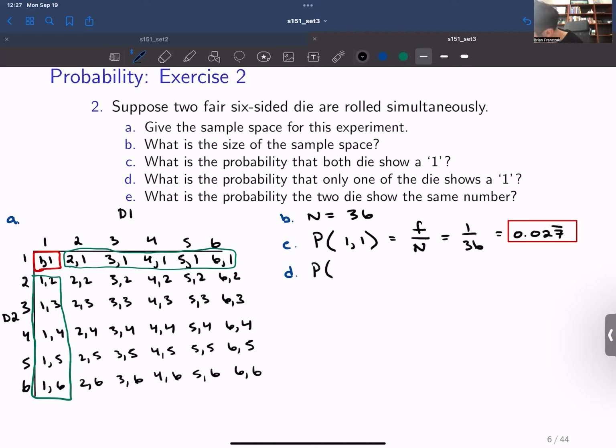So the probability only one die shows a 1 is equal to little f over capital N. That gives us 10 over 36, which reduces to 5 over 18, which is 0.27 repeating.